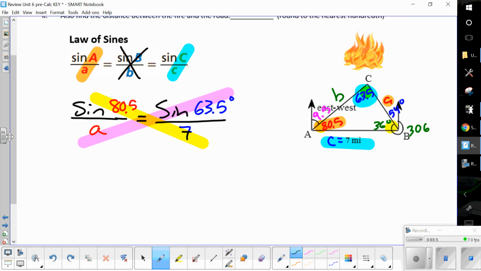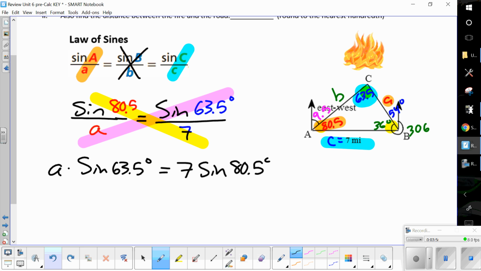So my math here would be a times the sine of 63.5 degrees. Remember, sine of 63.5 is a pre-programmed number in my calculator that works for every right triangle that has that angle measure and deals with opposite and hypotenuse. And I get 7 times the sine of 80.5 degrees.